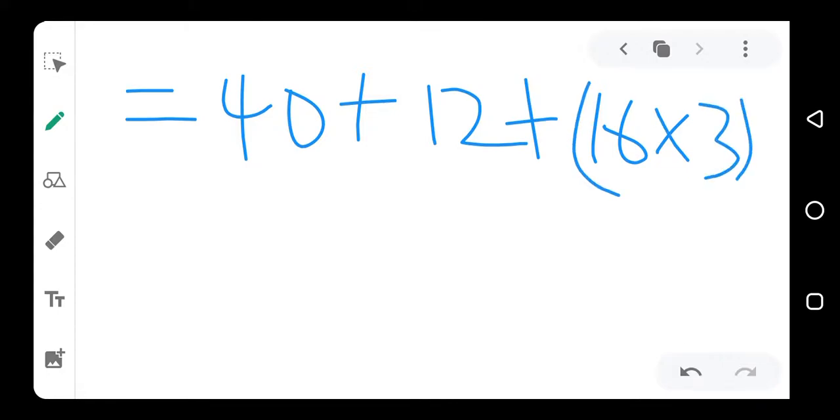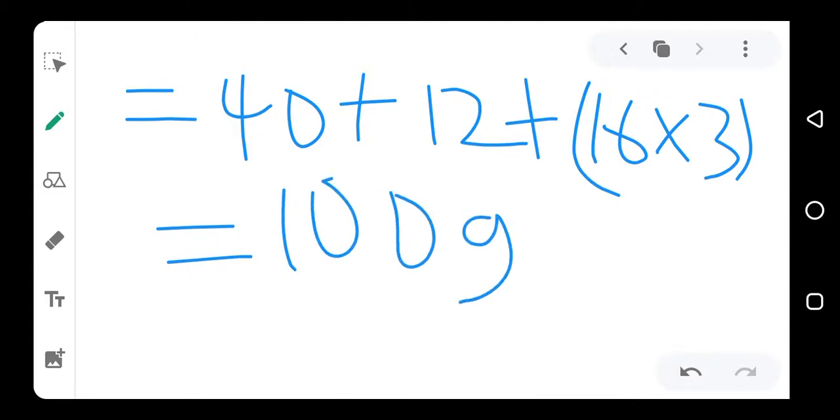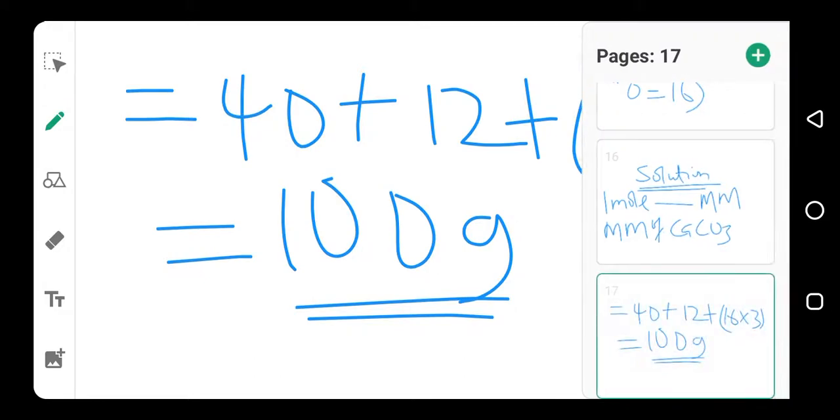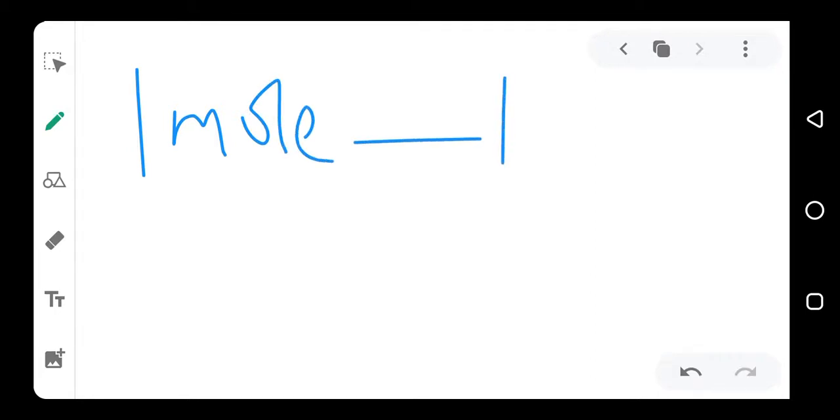When we sum this whole thing, it will give us 100 gram. So this means that the molar mass of the calcium carbonate given to us is 100 gram. So we say that 1 mole of the substance given to us is 100 gram.